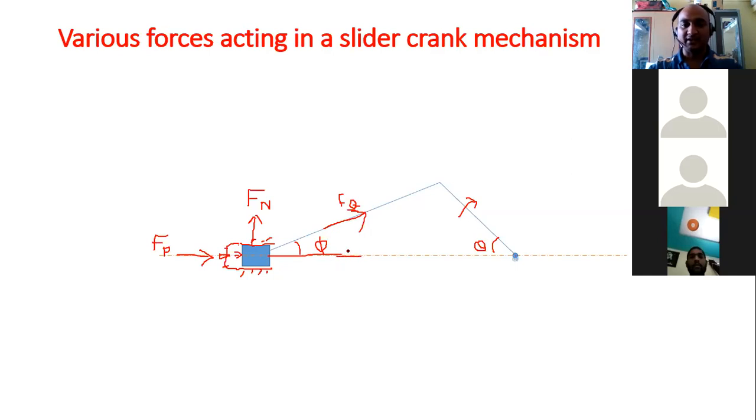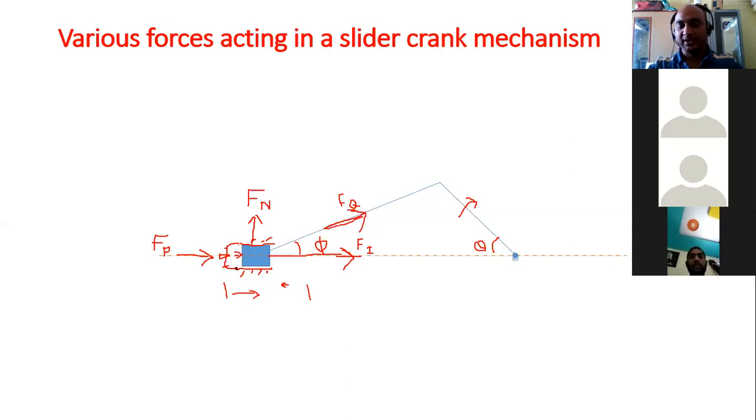So let us assume that the inertia force is here. Obviously it will be along the line of stroke. Let us say that is Fi. Fi is the inertia force. Now what is the direction of inertia force? You can see when the piston is moving from this center to this center, from left to right, the inertia force must be here, in the opposite direction, because inertia opposes the acceleration.